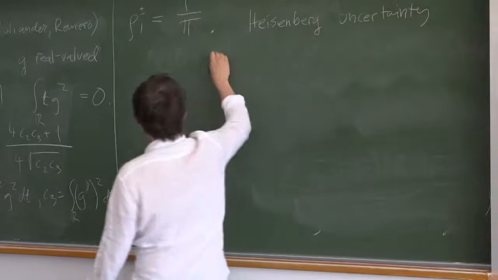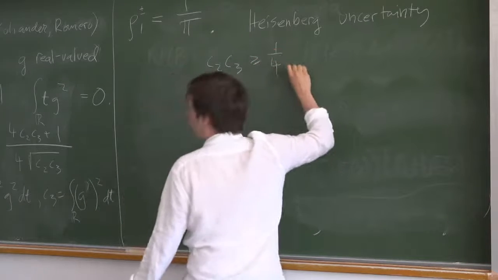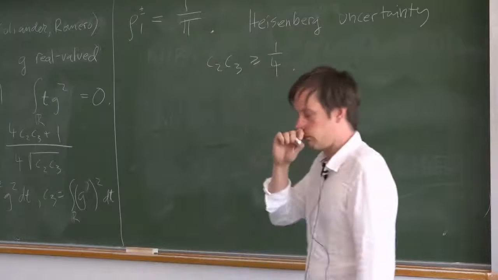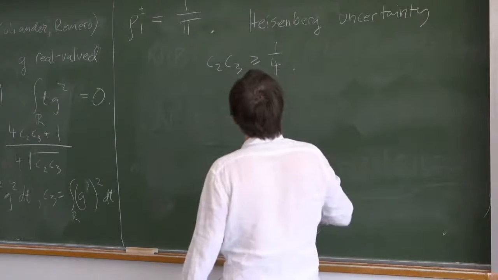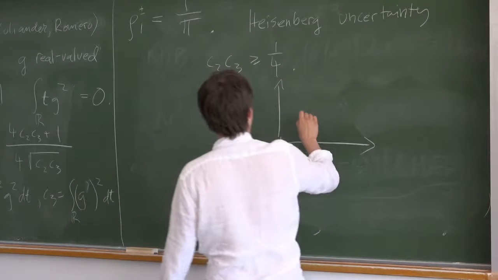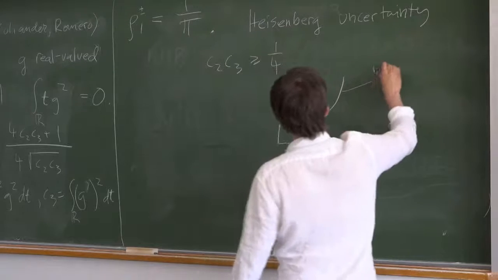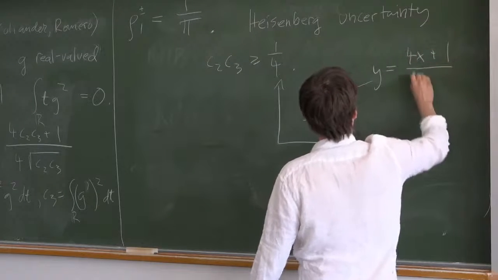It says that C2 times C3 is bigger than 1 over 4. And then we can plot this function. This is y for x plus 1 over root x.